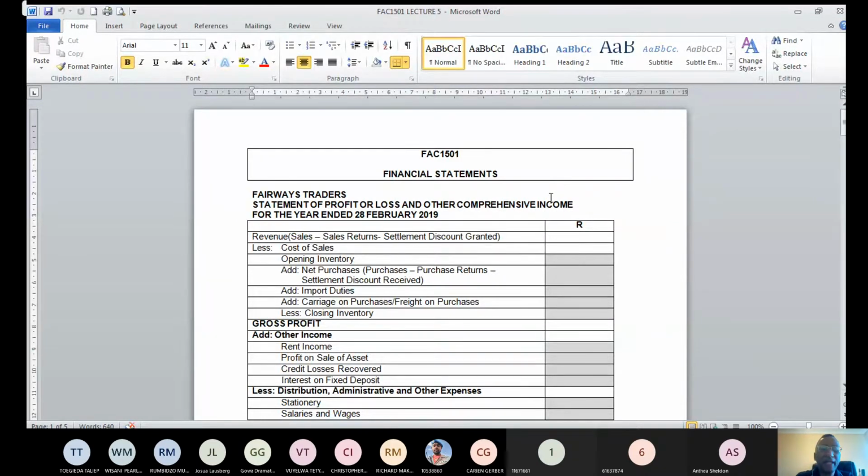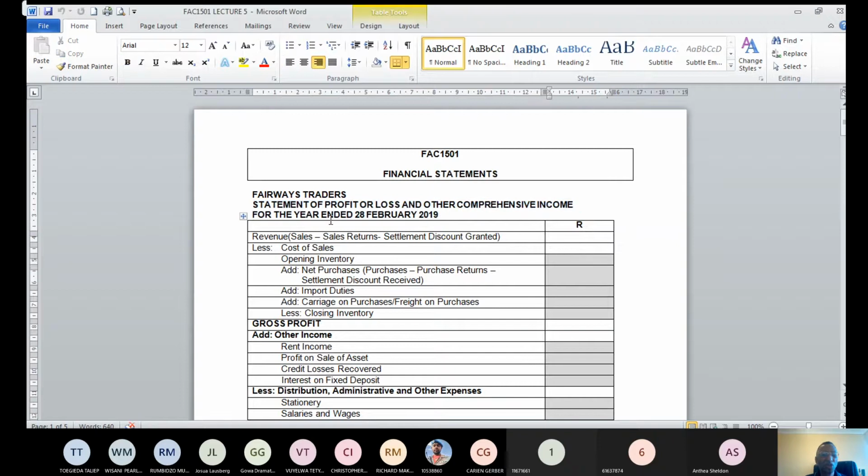So if you prepare the financial statement, the name of the business on top, and the heading statement of profit or loss and other comprehensive income for the year ended. It's always for the year ended, because we are going to bring into account income and expenses for the entire year.